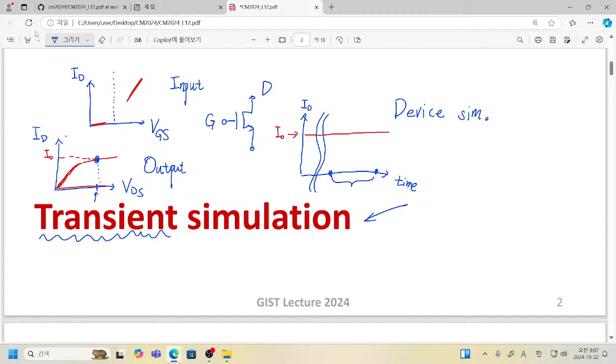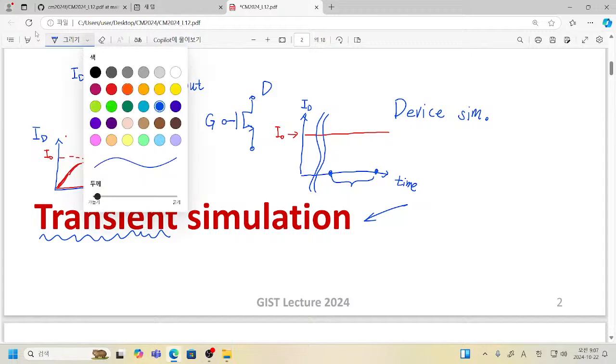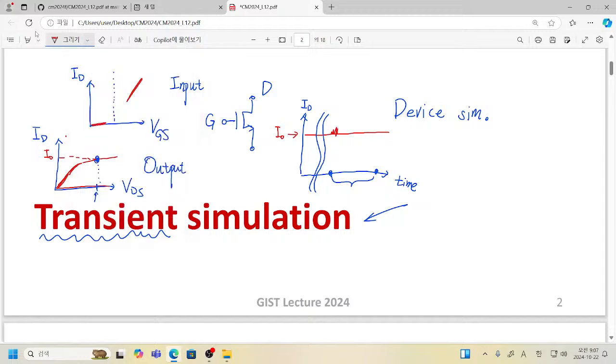Why do we have to take this long time average? Otherwise, in reality, if we just exaggerate its transient form, then the actual ID just looks like this. This is the one we actually have in reality.